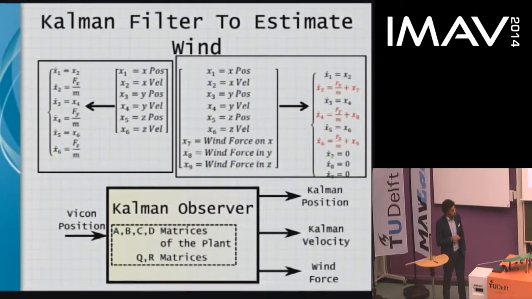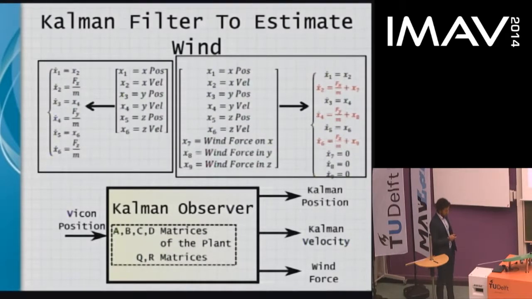x dot 7, 8, and 9 is equal to 0. This means that the wind has a derivative that is 0, so it's constant, but the wind is not constant. So if you want to follow this approach to estimate wind, you should understand what the model behind the wind is. You have to at least put something other than 0 here.